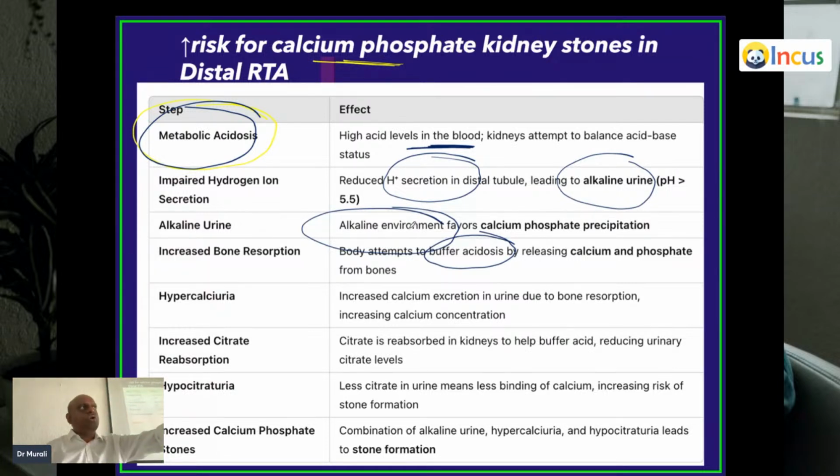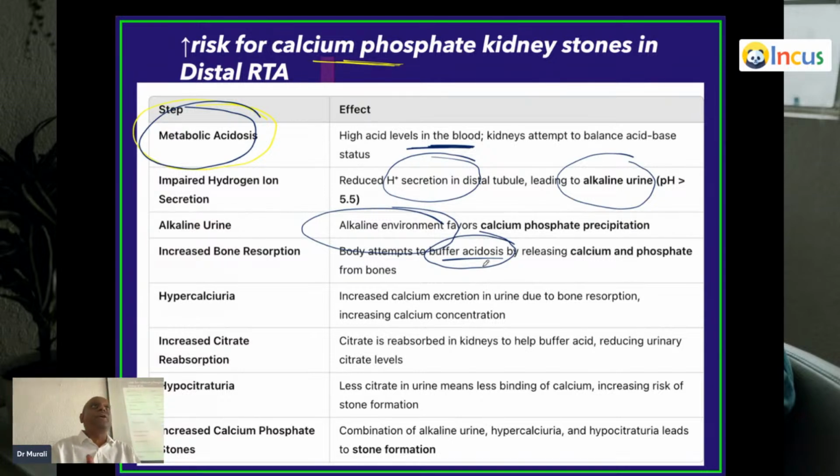So when there is acidosis, the body attempts to buffer it by releasing calcium and phosphate into the plasma. This high calcium and high phosphate will ultimately get filtered and enter the tubular fluid. And the tubular fluid is already alkaline, so it is a very attractive environment for calcium and phosphate to marry each other.